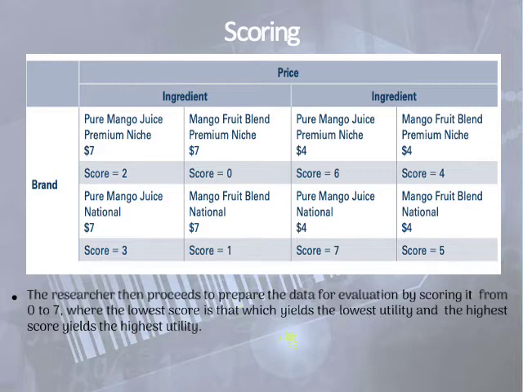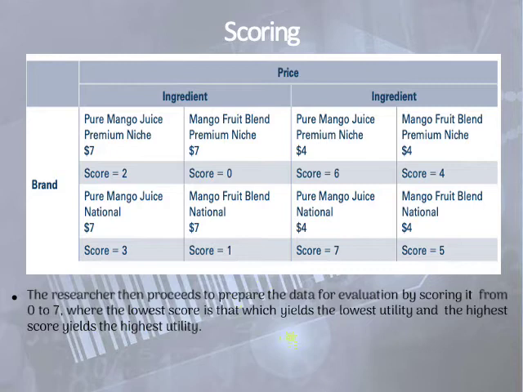So this time, it is reversed, because in ranking, number 1 is the most preferred, and number 8 is the least preferred. But in scoring, the lowest score yields the lowest utility, and the highest score yields the highest utility.